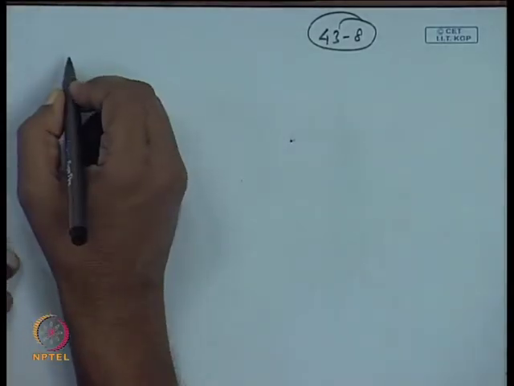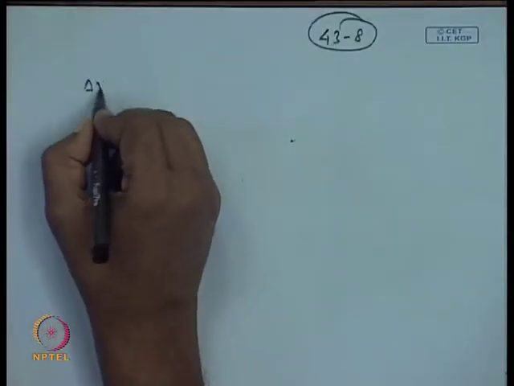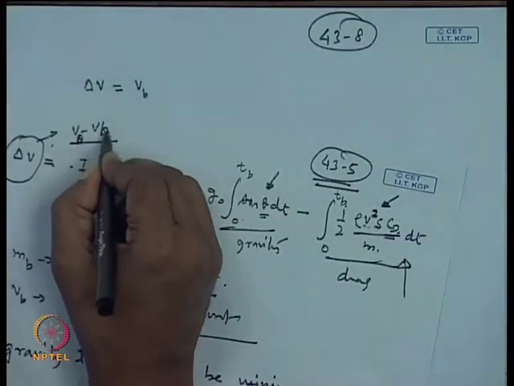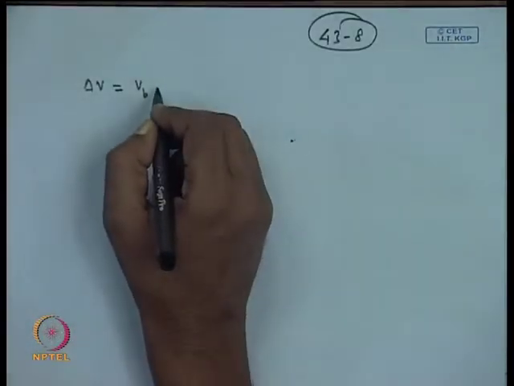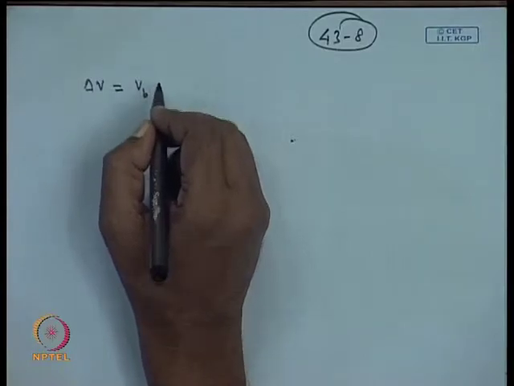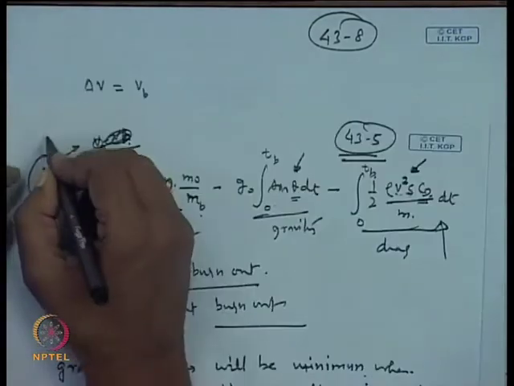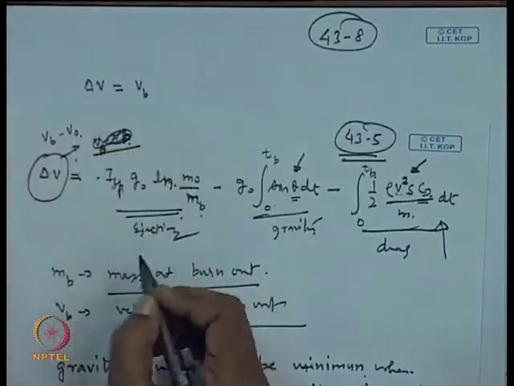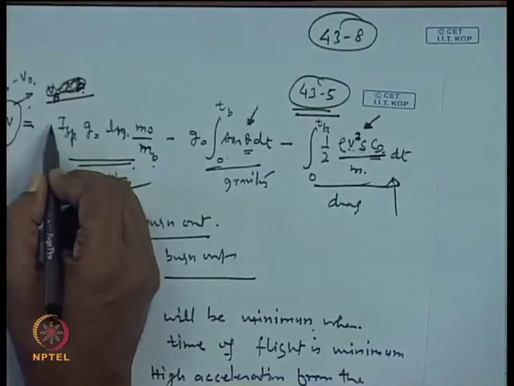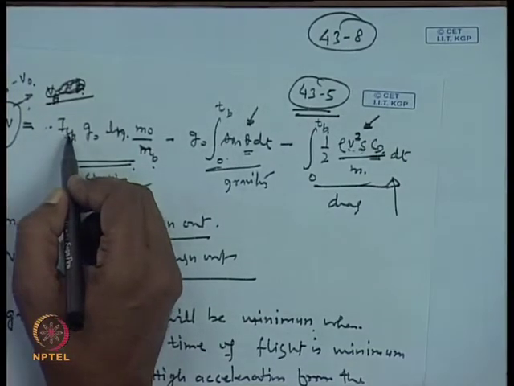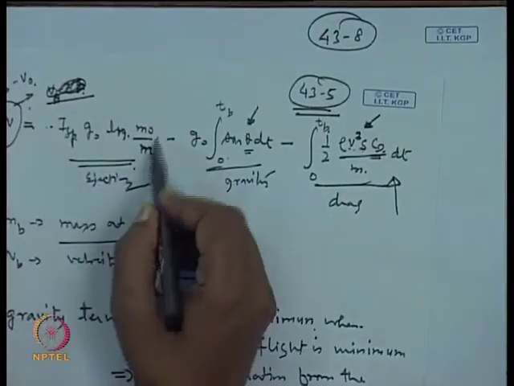Okay, so taking only the first term, which is due to the mass, this is V b minus V 0 we have written, because we had a negative sign present with this, which we have already absorbed inside this.